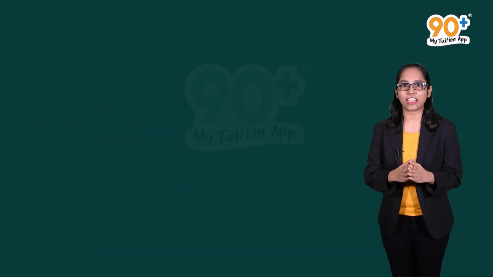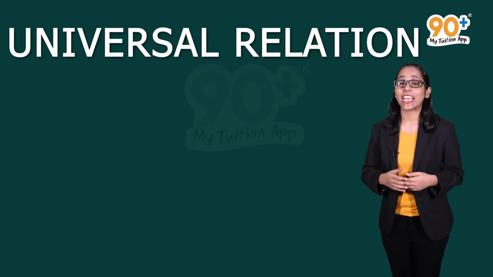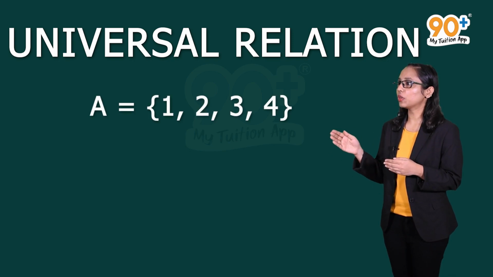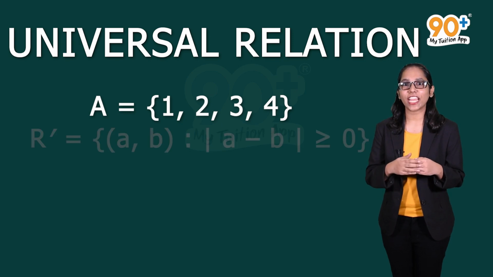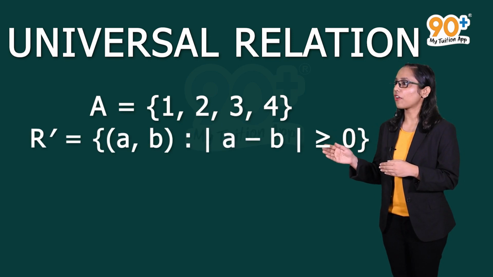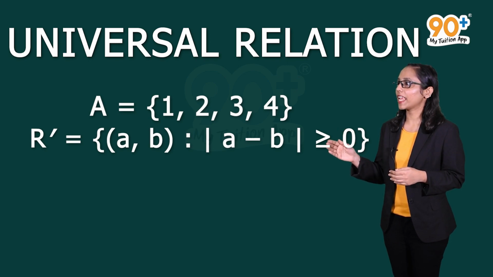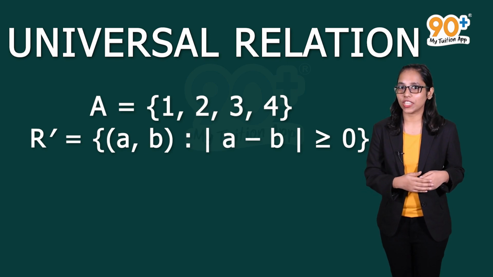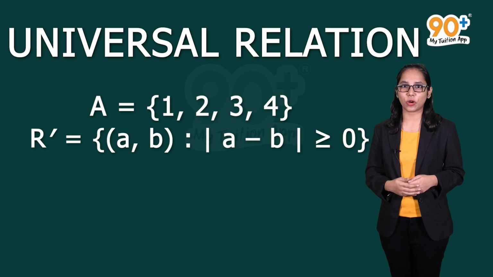Now our next extreme relation is the universal relation. For that, let's consider set A with elements 1, 2, 3 and 4. And let's define relation R' equal to the set of ordered pairs (a, b) such that mod of a minus b is greater than or equal to 0. So our condition is modulus of a minus b is greater than or equal to 0.